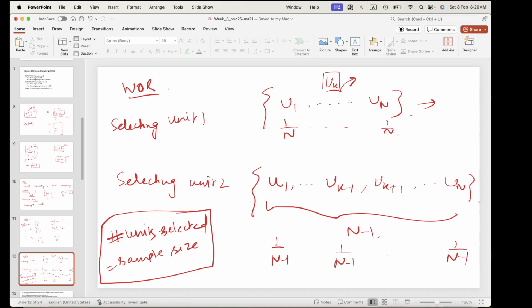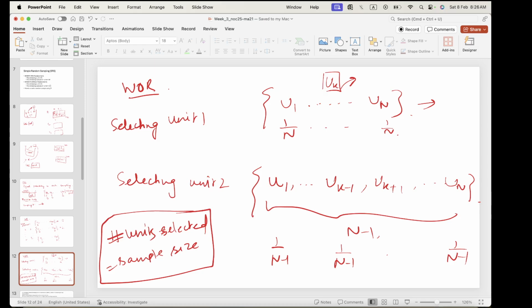But then if somebody says, what is the probability that we select B and then we select A, or something similar, then we have to see how the experiment has been carried out, and then accordingly draw the probabilities.